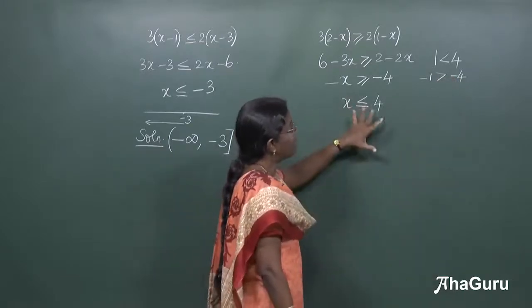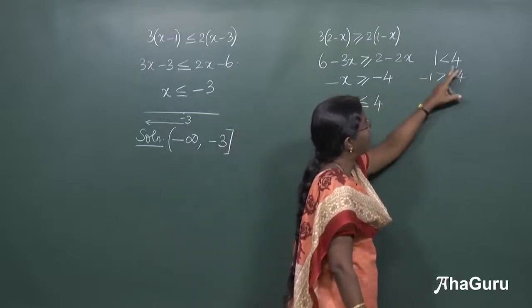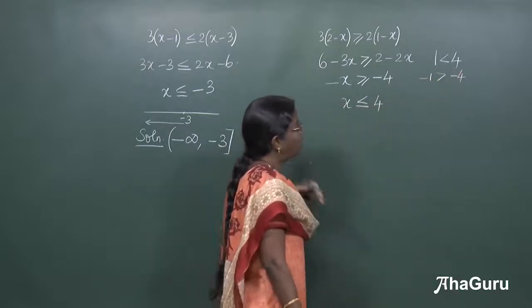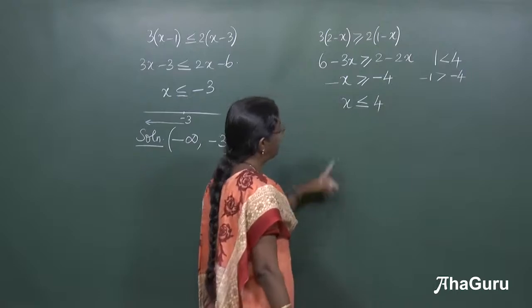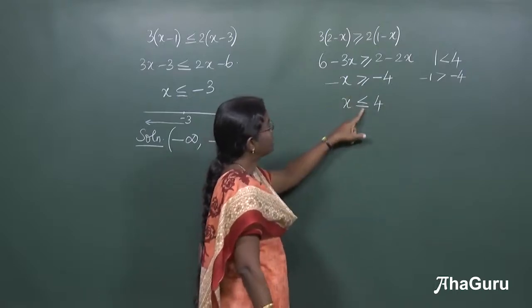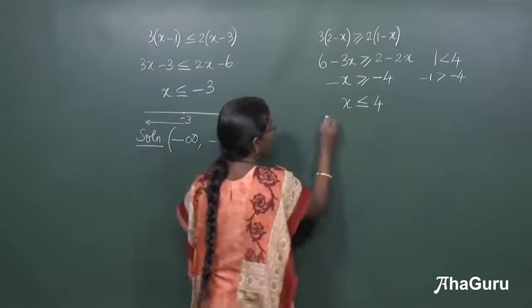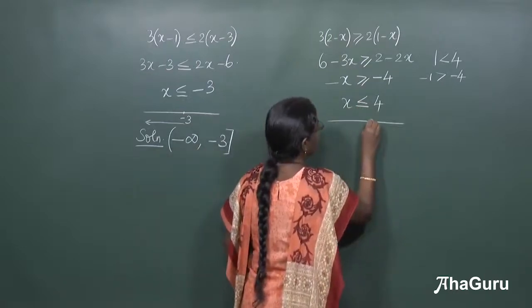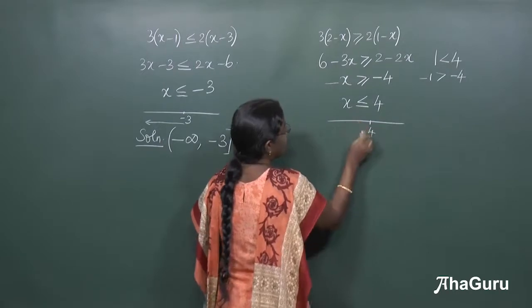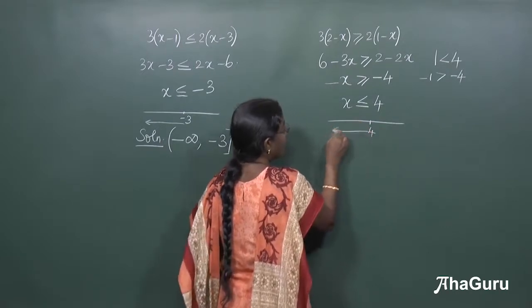So, any inequality, if it is multiplied or divided by a negative constant, the inequality sign is going to change. Greater will become less. Now, what is the solution? 4 is here. x is less than or equal to 4.